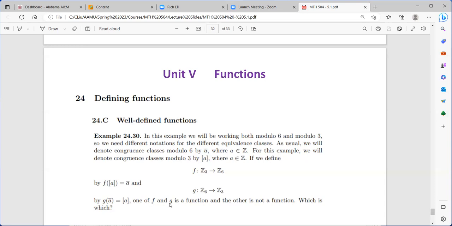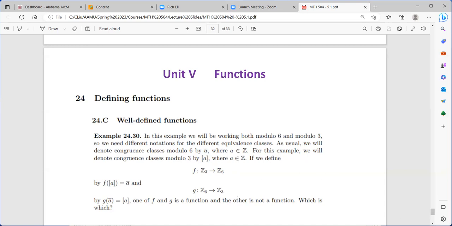It says one of f and g is a function and the other is not a function. So which one is which? Which one is a function, and which is not? Or in other words, which one is well-defined and which one is not well-defined? This is a very confusing problem that tests your understanding of congruence classes and functions.